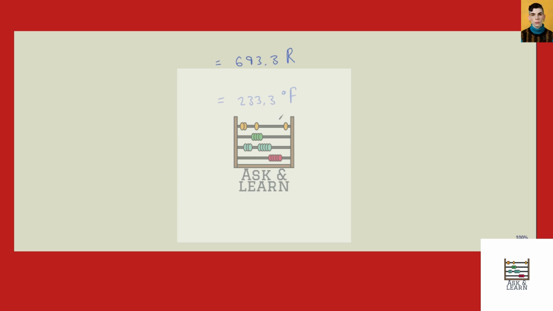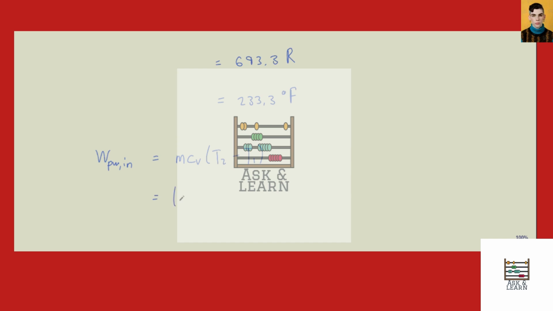Now we can use this final temperature and substitute it back into our energy balance equation and find the work done by the paddle wheel into the system. Remember, this is m times Cv into T2 minus T1.